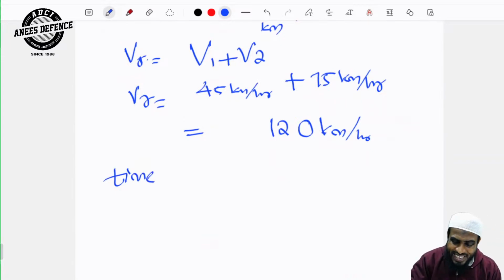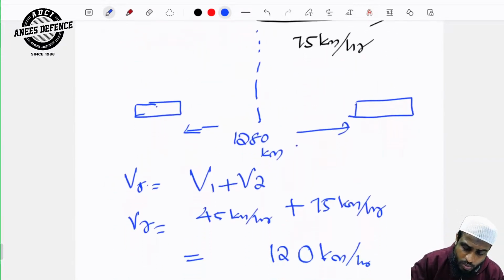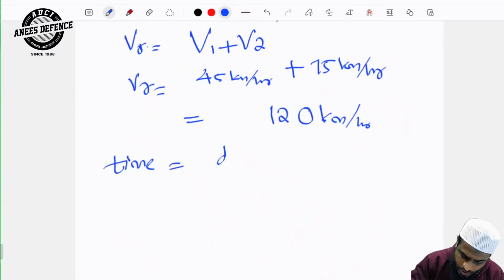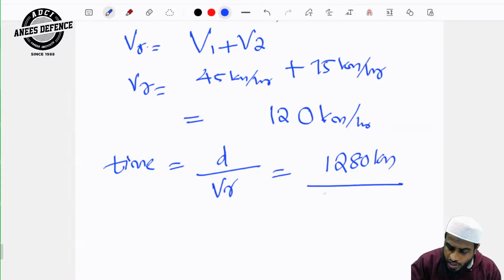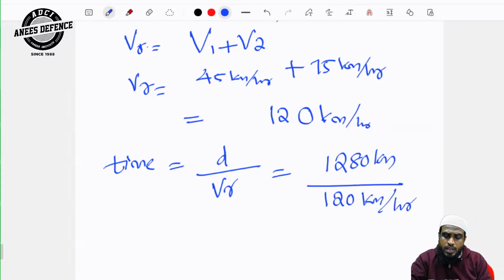So the time taken to get a separation of 1280 kilometer is distance traveled divided by the relative velocity. Distance traveled is 1280 kilometer. Here relative velocity is 120 kilometer per hour. You can see kilometer in both is the same unit.